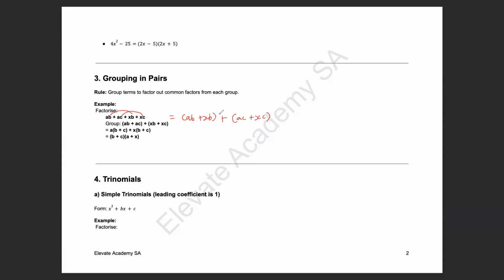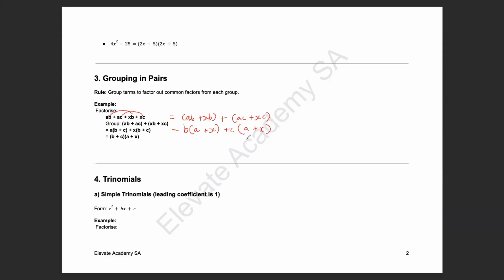We're just looking at 2 terms that have something in common, and in this case, we have B. So we take out B, and as we went through in the first rule, the highest common factor, we divide this term by B and we are left with A. Then we divide this term by B, and we are left with X. And we do the same here. What's common between these two? C is common. When we divide AC by C, we are left with A, and when we divide XC by C, we are left with X.